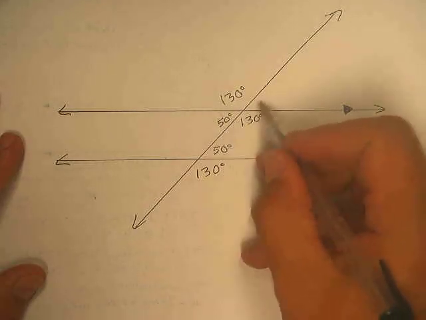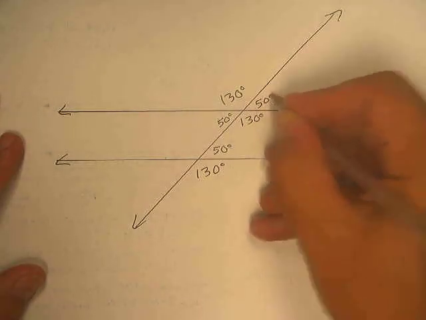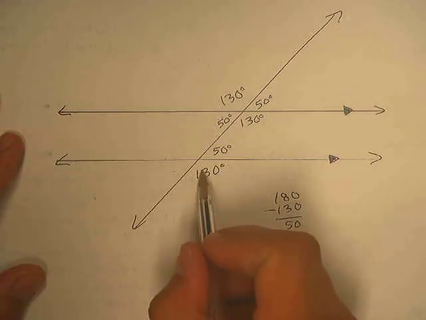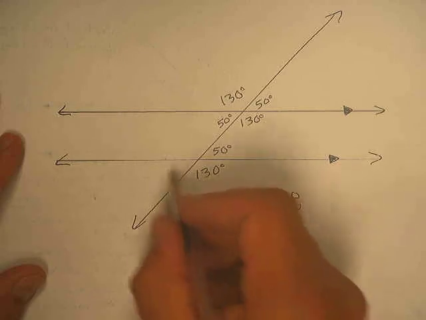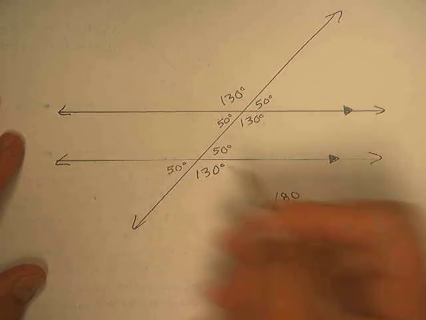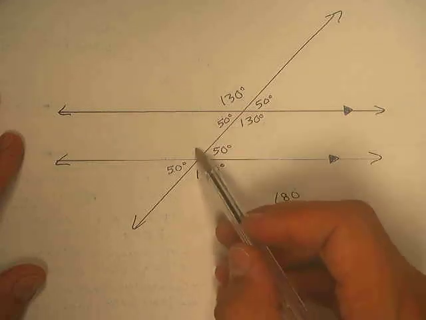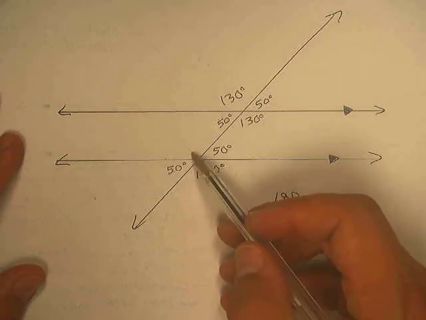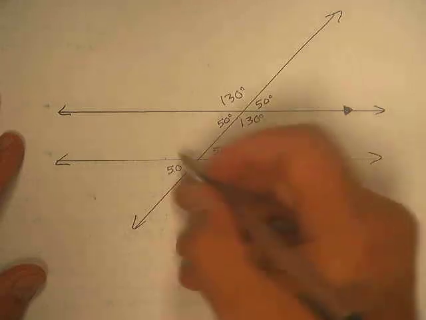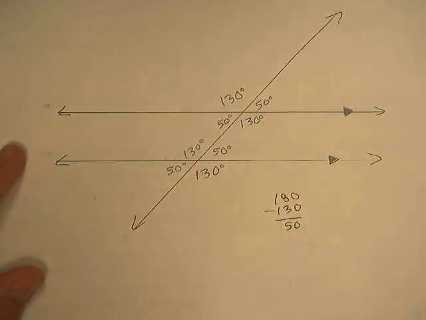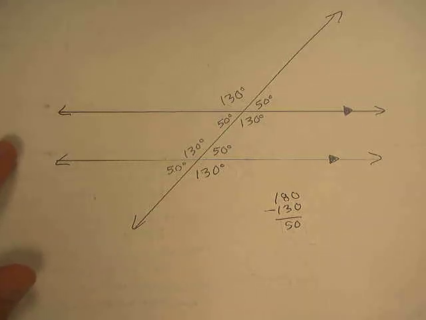So this has to be 50 degrees. You can see these two are alternate interior angles, and they're congruent, so this must be 50. These two are vertical angles, and they're congruent, so this has got to be 50. These two are a linear pair, so they add up to 180, so this is going to be 50.